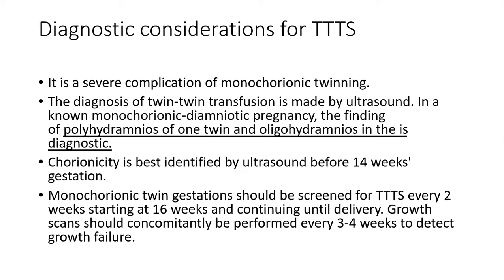Chorionicity is best defined by ultrasound before 14 weeks of gestation. The earlier the better. Monochorionic twin gestation should be screened for TTTS every 2 weeks starting from 16 weeks and continue until delivery. Growth scans should concomitantly be performed every 3–4 weeks to detect growth failure.